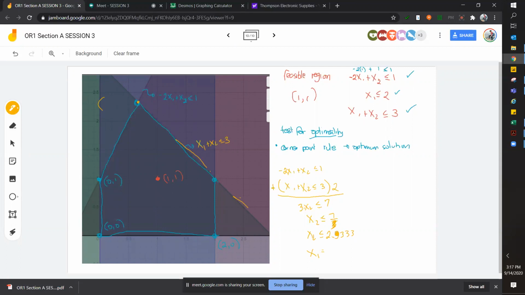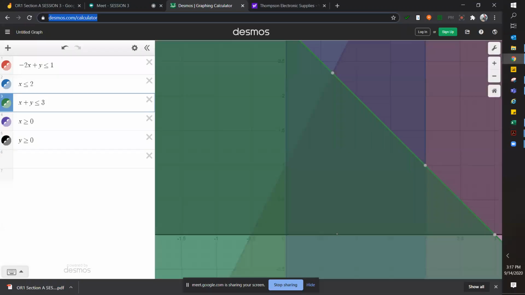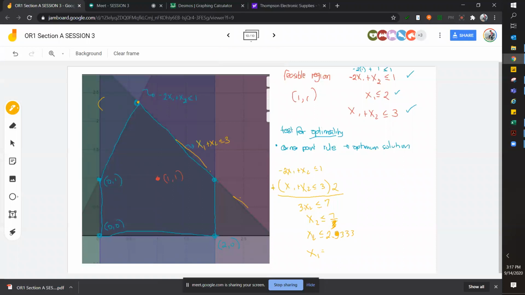Negative 2x1 plus 2.33 is equal to 1, and then transpose, you'll come up with x is equal to, yung mismong value na yun, 0.667. Ilagay na natin. Sorry, para sakto. That is 2/3 and then 7/3. Okay? So, okay na yun. Okay na din yung points na yun.